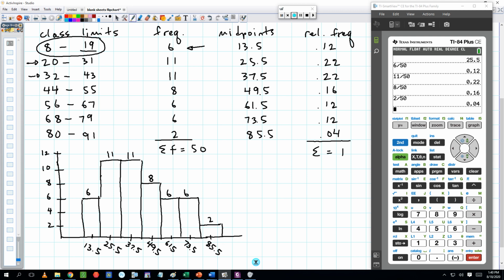And that's how we create a histogram. Be careful with those finishing touches. Have a nice day.